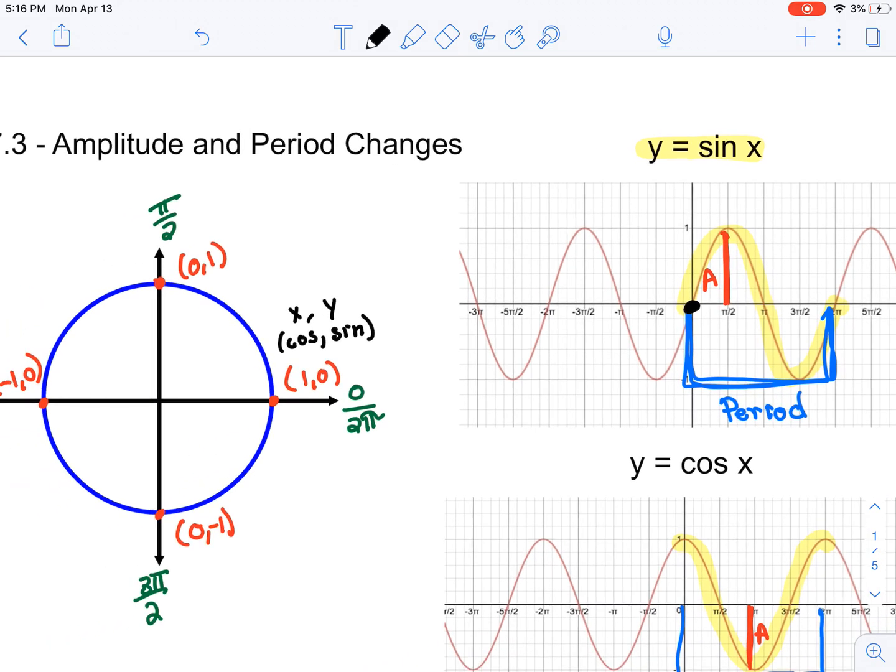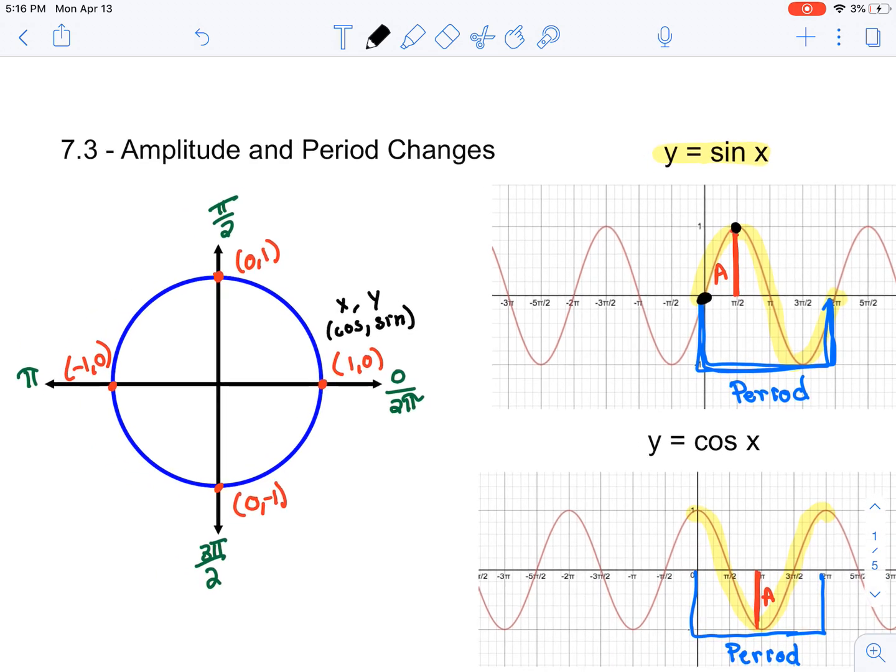The sine at pi over 2 is 1, so that's where our 1 comes from. The sine at pi is 0. That's where we're back to 0. So here we're at 0, 1, 0. So then we're at 3 pi over 2. This sine is negative 1. We come down here to negative 1. And then when we're at 2 pi, we're back to 0. So our graph goes back there to 0.